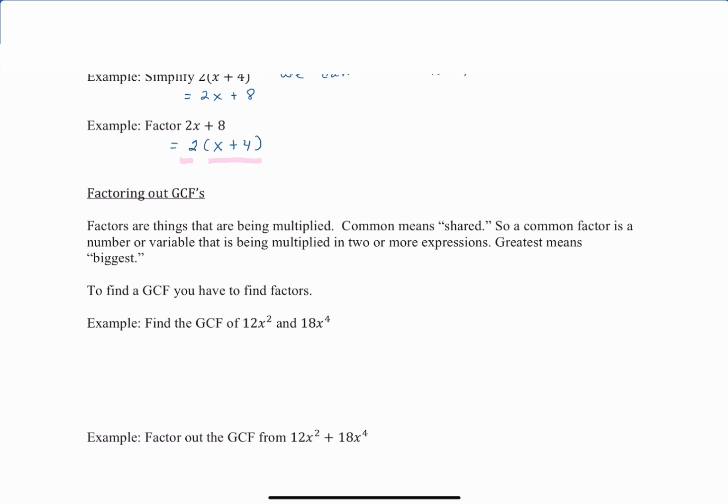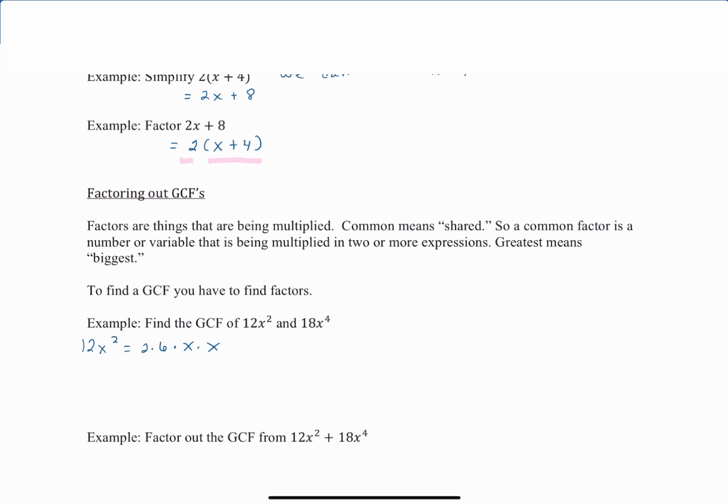Okay, for example, let's find the greatest common factor of 12x squared and 18x to the fourth. And I'm going to start out by just finding factors. And the way I do that is I say, well, 12x squared I could write as, for example, 2 times 6 times x times x.